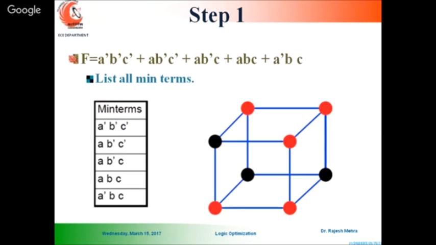How do you perform that? Let us say this is the Boolean expression: A bar B bar C bar plus A B bar C bar plus A B bar C plus A B C plus A bar B C. So these are known as what? Min terms.